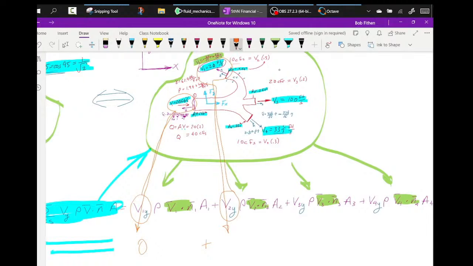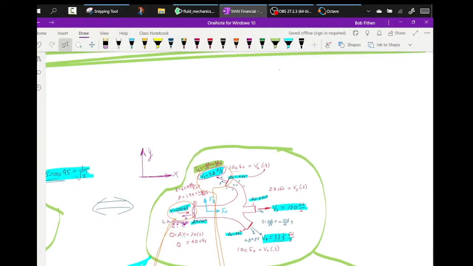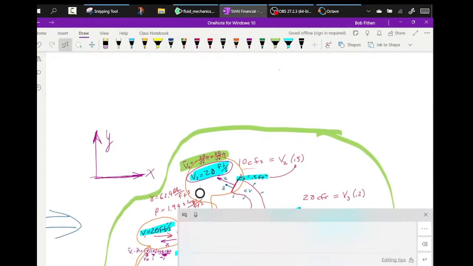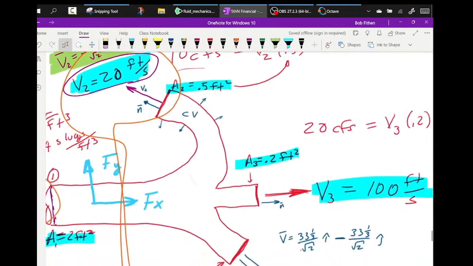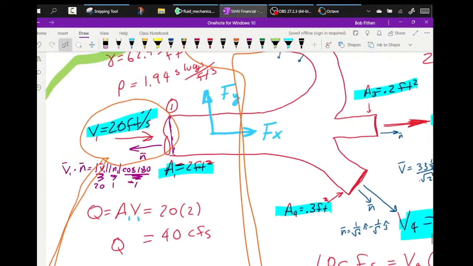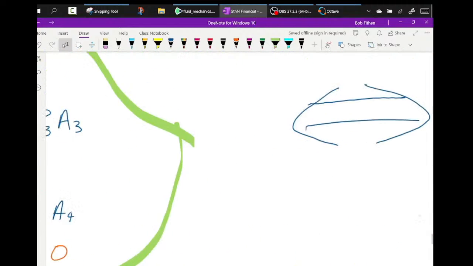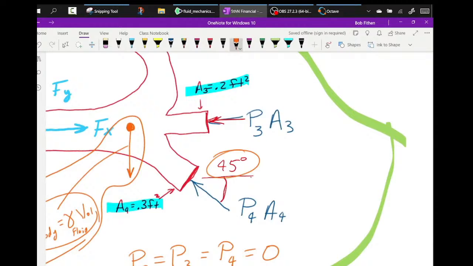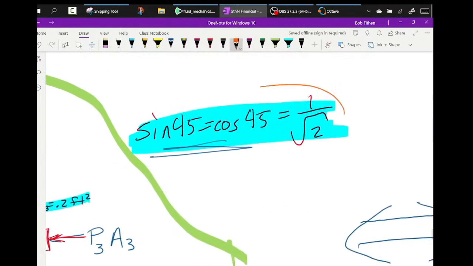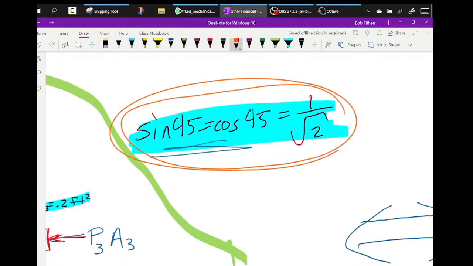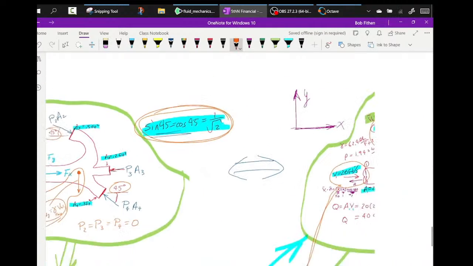And it is 20 over square root of 2. Why is it 20 over square root of 2? I don't know if you remember this, but everything came out at 45 degrees. I don't know why this thing pops these things up. I wish I could figure out how to stop that. In other words, I made it 45 degrees, made that 45 degrees. This reminder is why I have 1 over square root of 2.